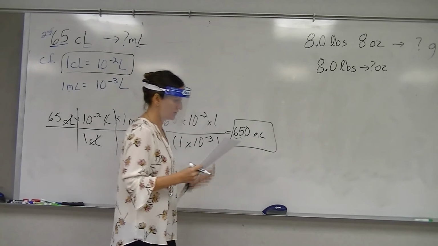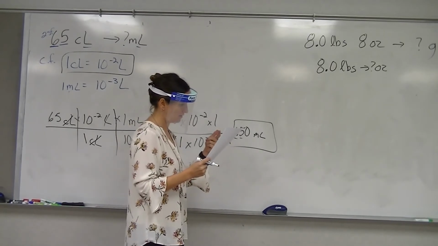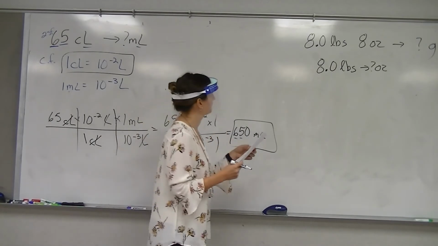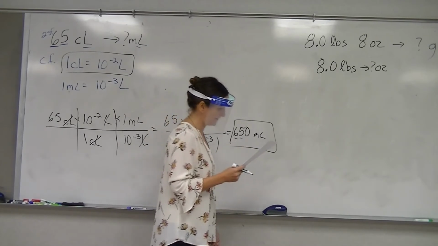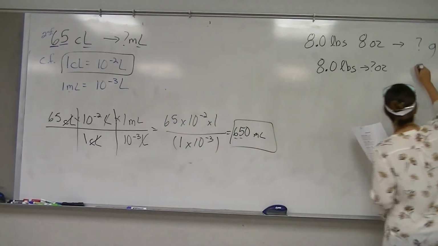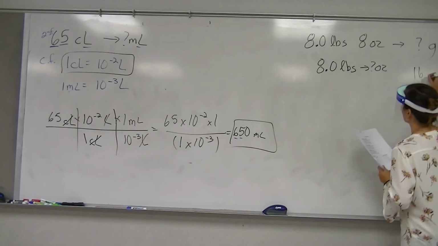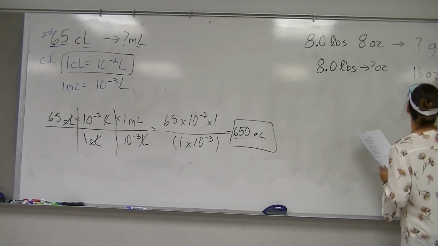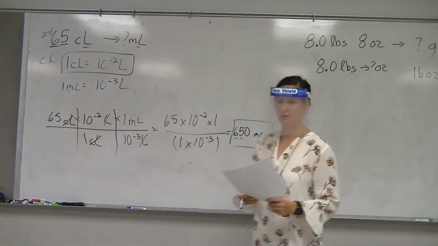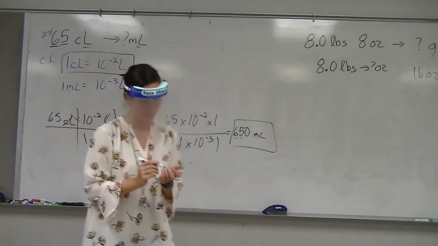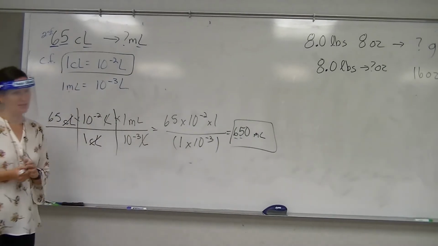So I need that conversion factor. It's 16 ounces in a pound. So this would be called a memorized conversion factor, because it's not on the table.